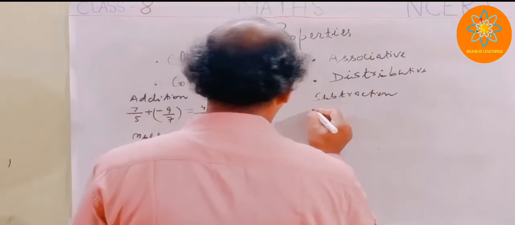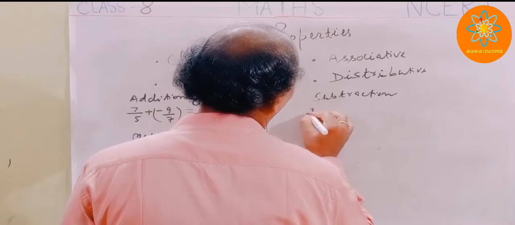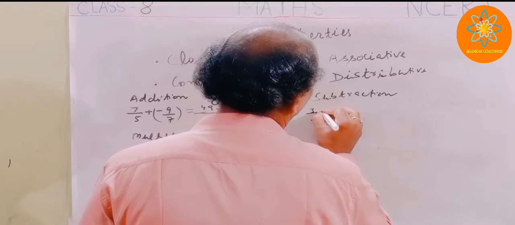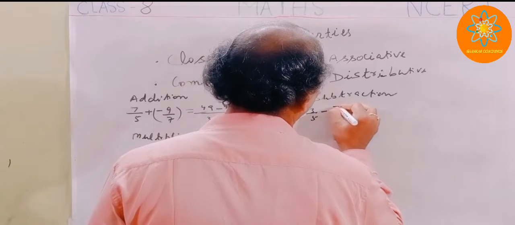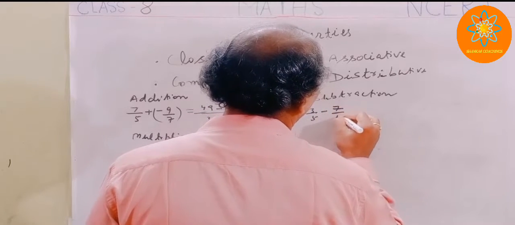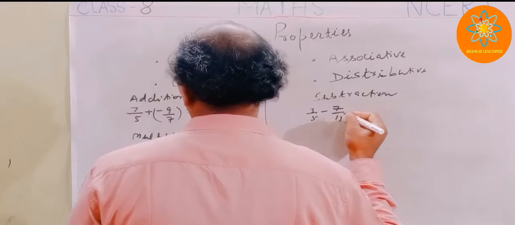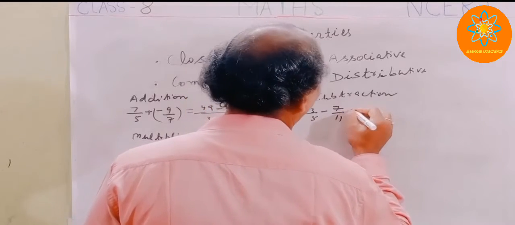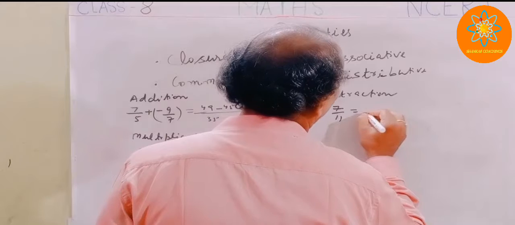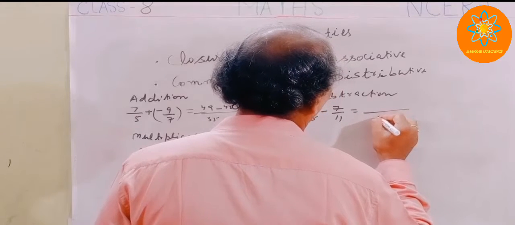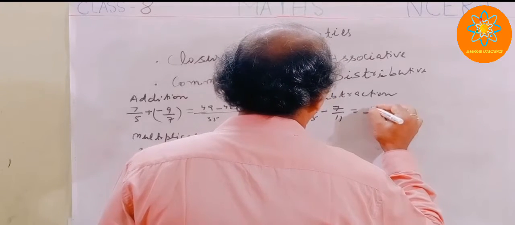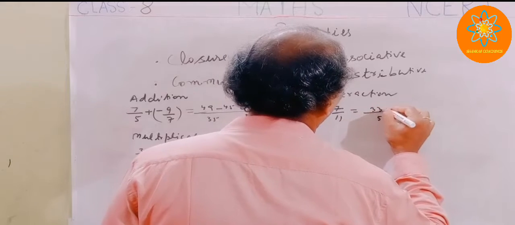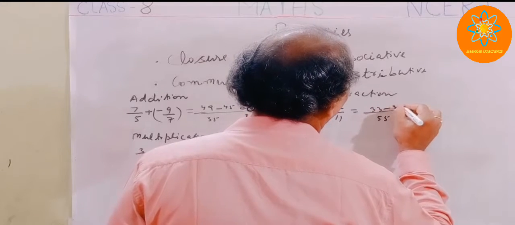Let's suppose I have 3 by 5 and want to subtract 7 by 11. How will I subtract this? The LCM is 55, so this is 33 minus 35.